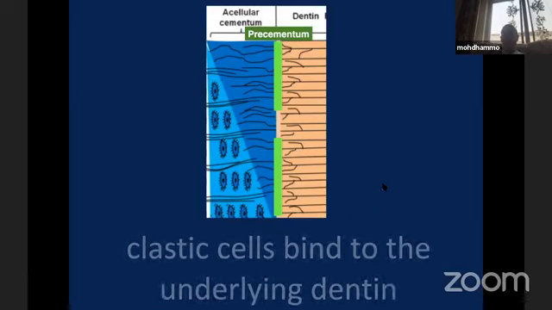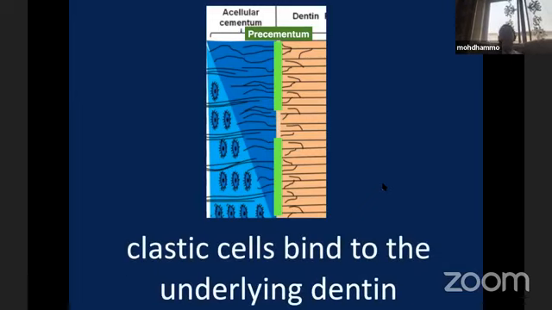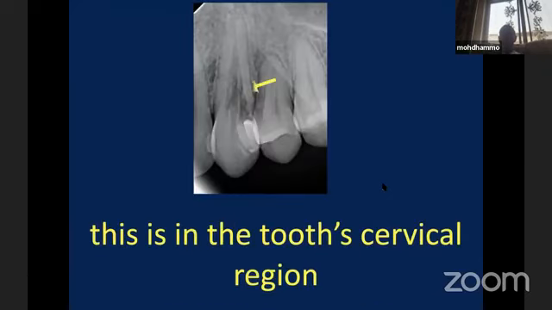Then the clastic cells, osteoclasts, odontoclasts, will bind to the underlying dentine, and then those osteoclasts will enter the dentine and cause the resorption. Because the resorption occurs at the cervical margin here, we call it cervical resorption.